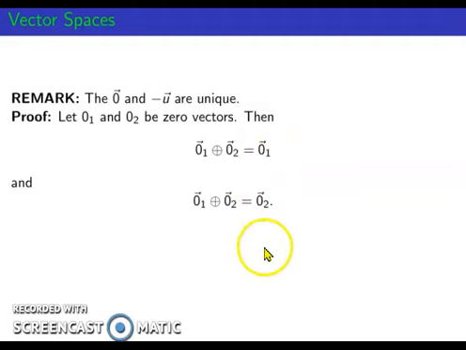And similarly, we know that 0 sub 1 is a zero vector. Therefore, if you add that to another vector, the result is still that vector. So it will not affect.